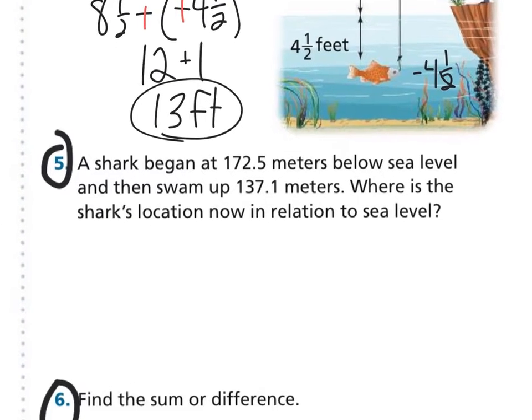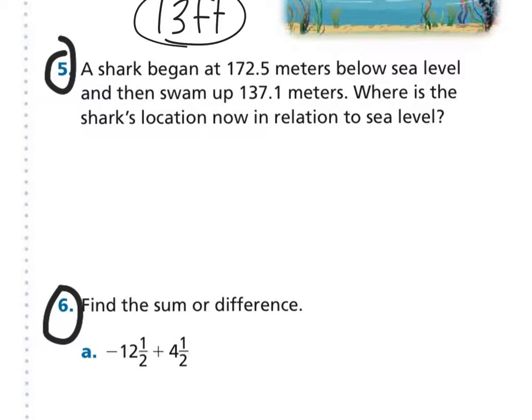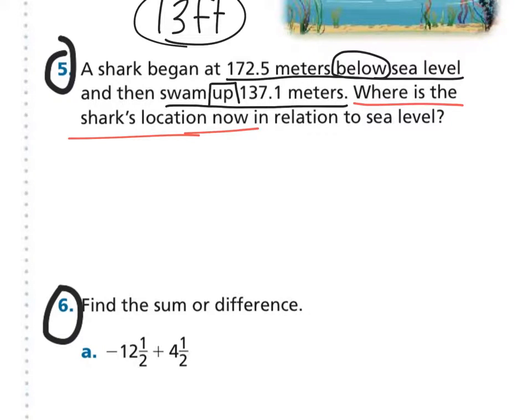Number 5, a shark began at 172.5 meters below sea level and then swam up 137.1 meters. Where is the shark's location now? A couple ways to do this problem.